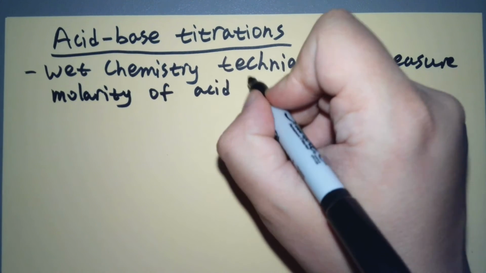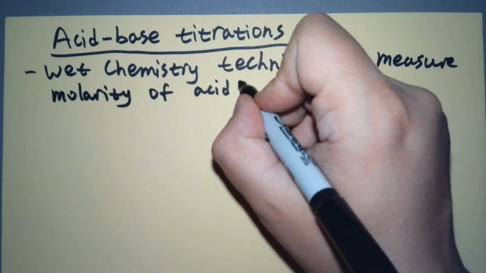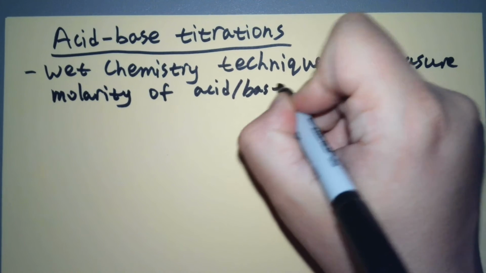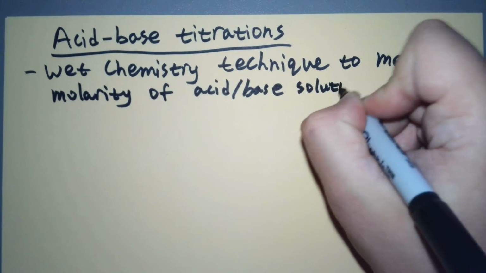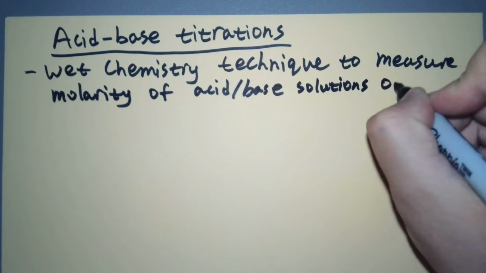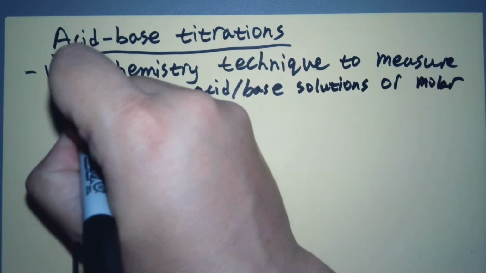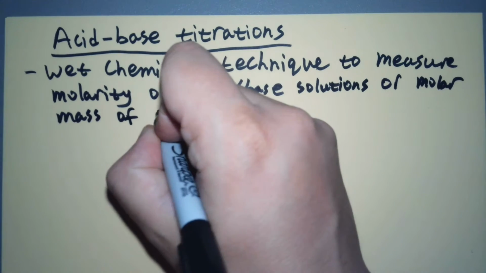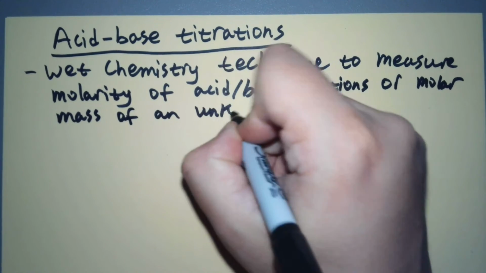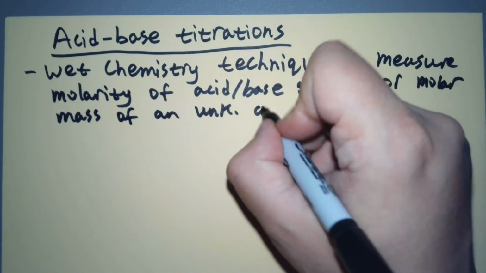Or we can use it to find the molar mass of an acid that we don't already know the molar mass to.